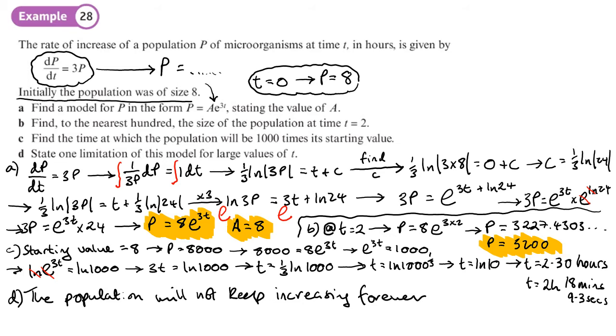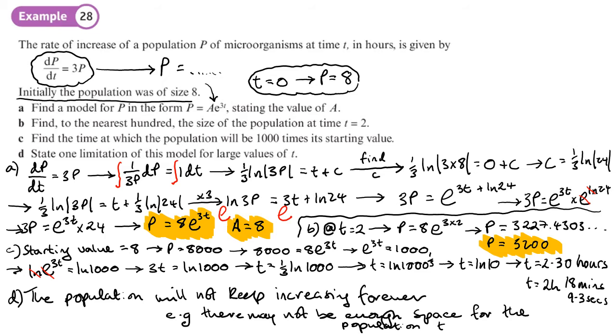If it was 2 marks, you might want to give an example, e.g. why wouldn't the population keep increasing forever? E.g. there may not be enough space. I'm just going to put food, enough space for the population to keep increasing. So putting a sensible reason might help as well.